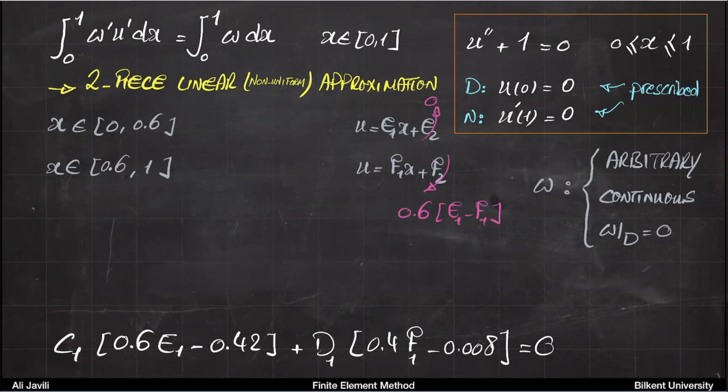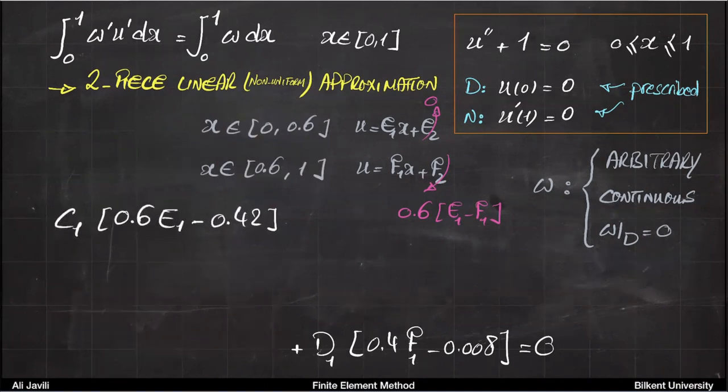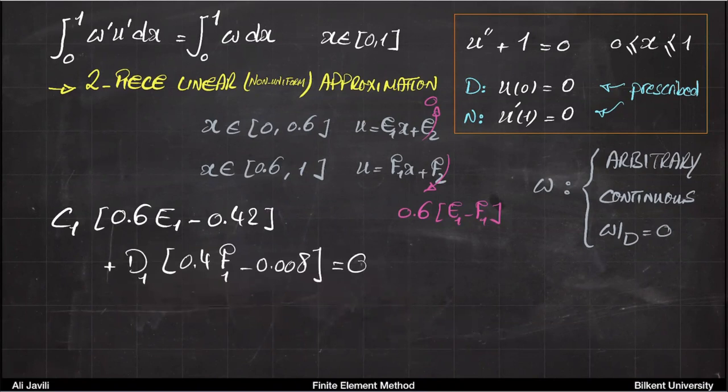So that's exactly how we look at that. So again, you have this two-piece problem, and now this is your equation. This thing plus this is equal to 0, and because it holds for every C1 and D1, that tells you that E1 is 0.7 and F1 is 0.2.